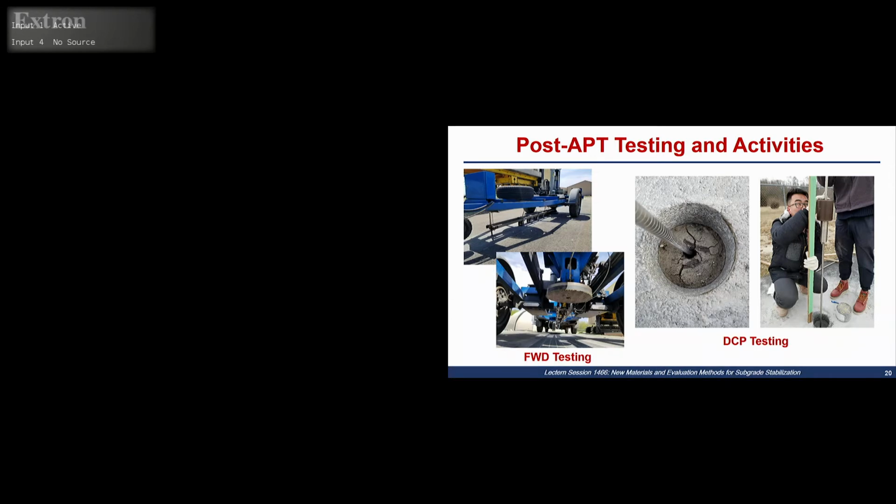Once we took the HMA cores, we were able to drop the DCP and see how stiff the base and subbase layers, the stabilized layers, are, by seeing how many blows it takes to penetrate the whole depth of that base or subbase material.